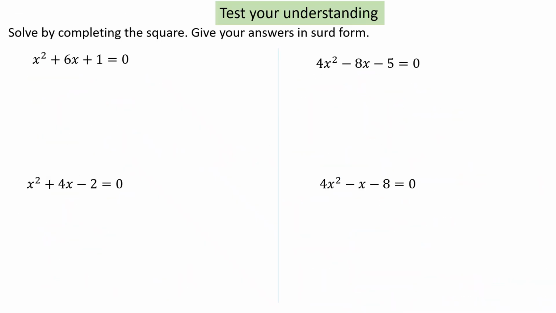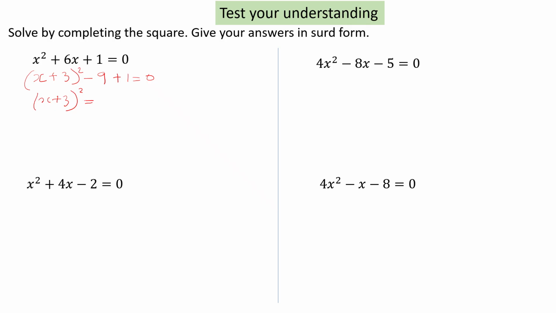Now pause this video, try it yourself and test your understanding. x squared plus 6x plus 1 equals 0. So do the completing square. (x plus half of 6, which is 3) squared minus 3 squared, which is 9, plus 1 equals 0. (x plus 3) squared equals minus 9 plus 1, minus 8.